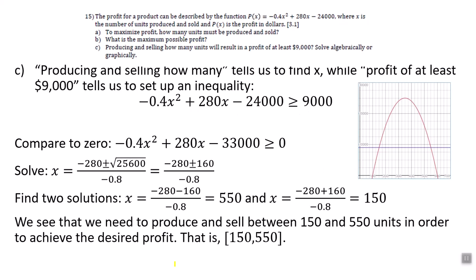Producing and selling how many units will result in a profit of at least $9,000. Solve algebraically or graphically, and I'm going to use kind of a combination of both here. Producing and selling how many, it tells us to find x. There we go. Producing and selling how many units?